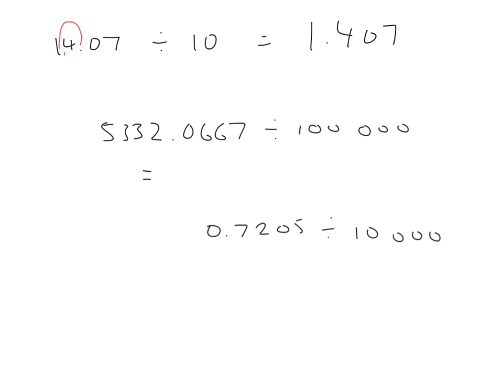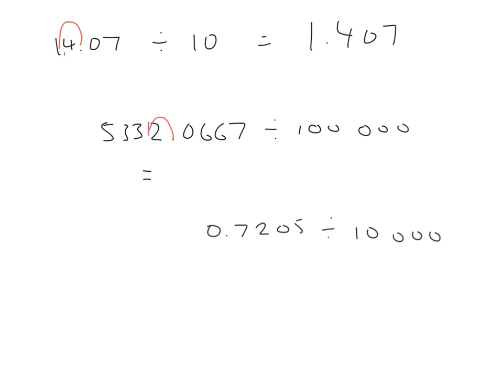This next one here, it's the same thing. So we have a number here that we're dividing by that starts with 1 and has all zeros there. So now, again, we start from the decimal point and we jump left according to the number of zeros we have. So we have 1, 2, 3, 4, 5. So that means that we start from the decimal point and we jump left 5 times.